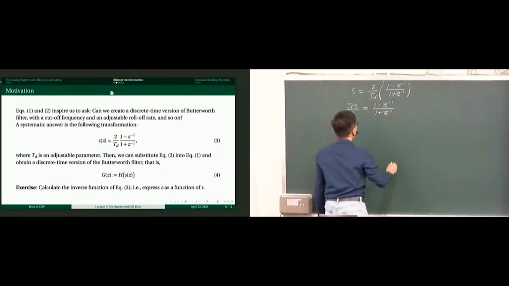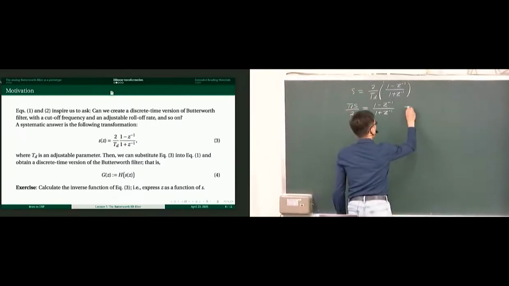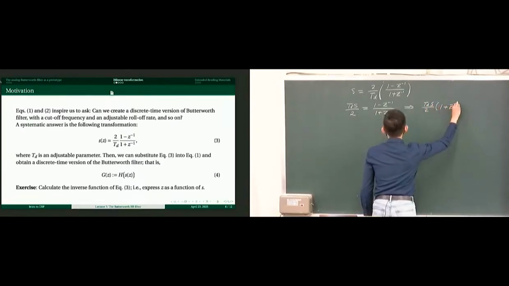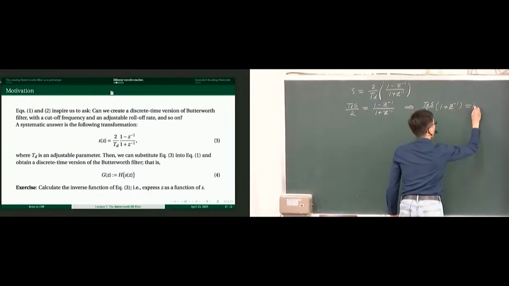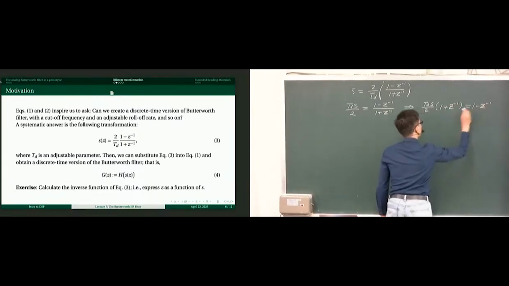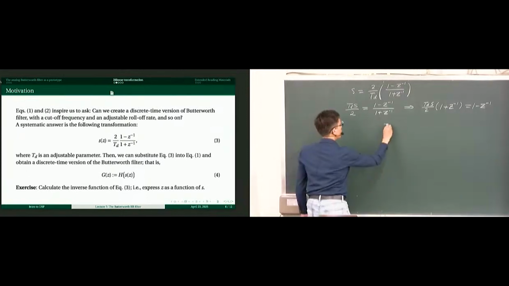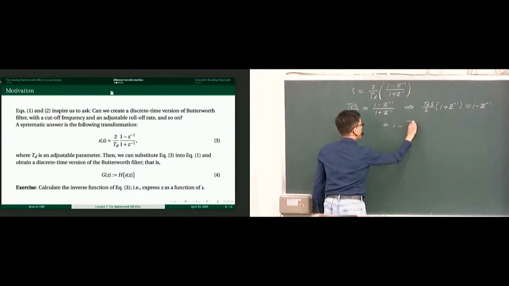So from there, let's work this out, okay? TDS divided by 2, multiply by 1 plus Z inverse, equals 1 minus Z inverse. And therefore, what's next? Let's move 1 minus TDS divided by 2 to the right.